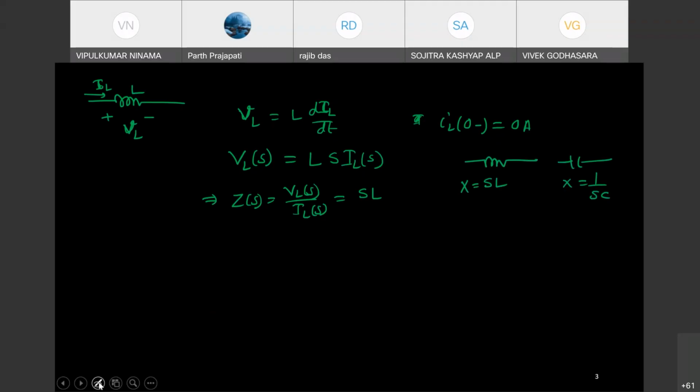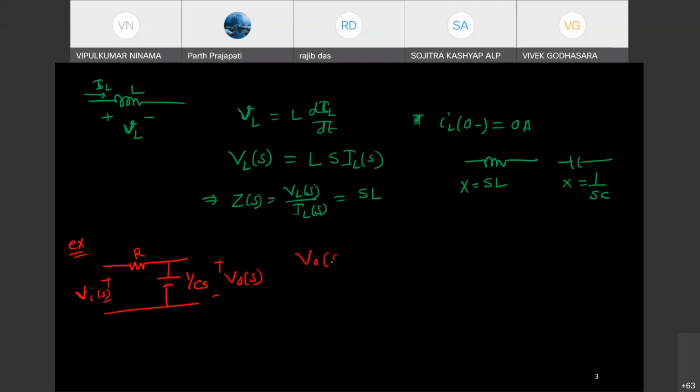So now, if I consider one example, a resistance and a capacitor. The capacitor's impedance is 1 upon Cs, and this is impedance R. This is your V_i, and this is your V_0. Capital V_i(s) I write, and this is your capital V_0(s).